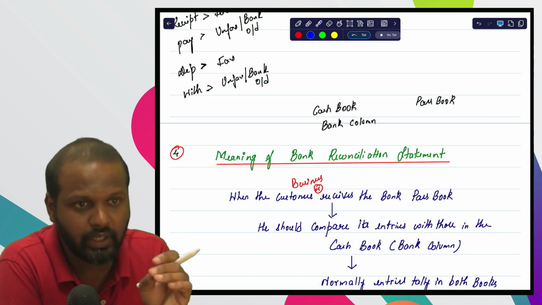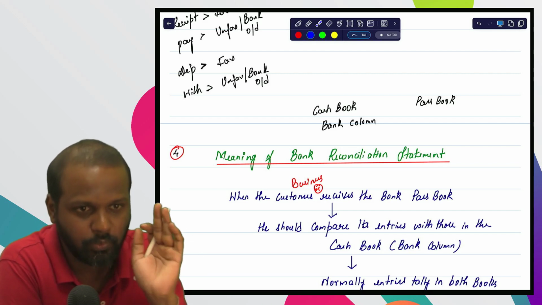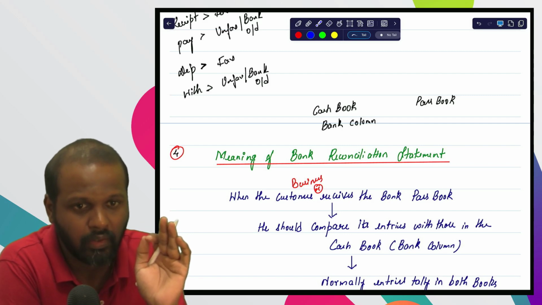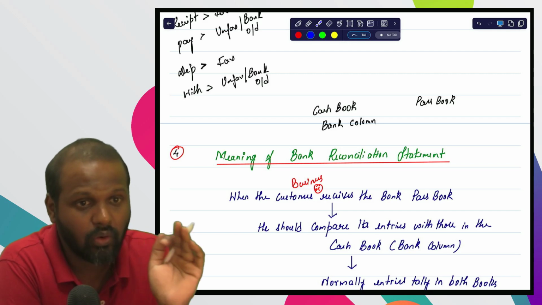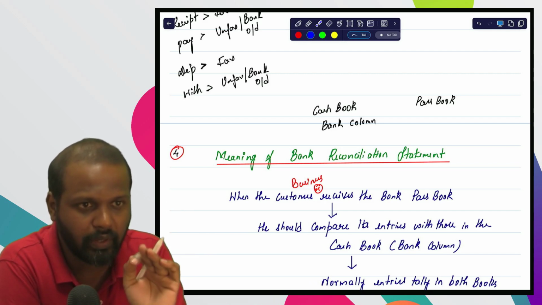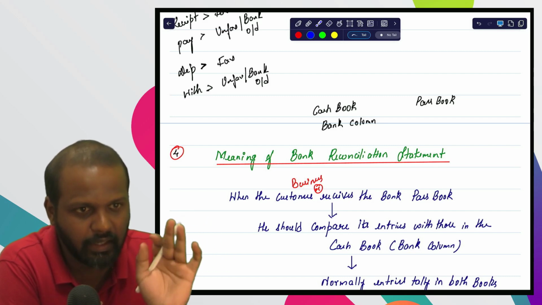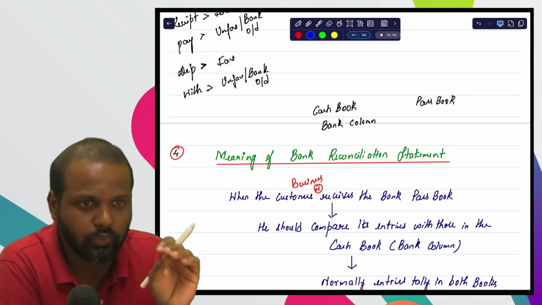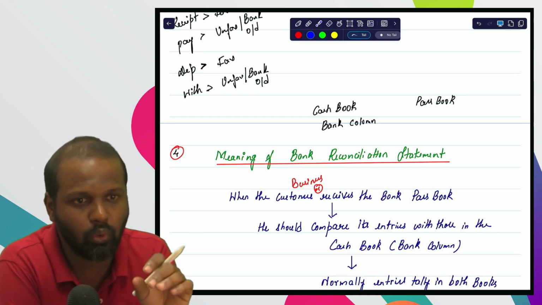Keep on checking whether they are tallying or not tallying. Why do you need to check the entries of cash book and passbook on regular intervals? I'll tell you the reason for that.